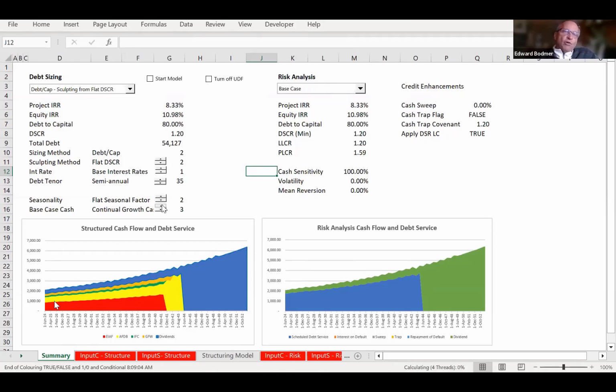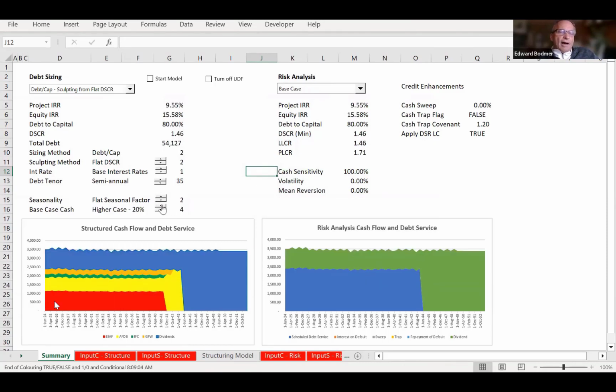And I'm going to put in a little bit of a higher cash flow case, so you get a little bit higher equity IRR. That's with debt to capital at 80%, but we get a 1.46 DSCR.